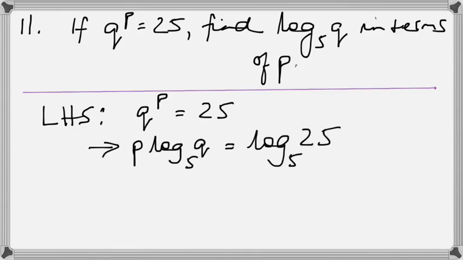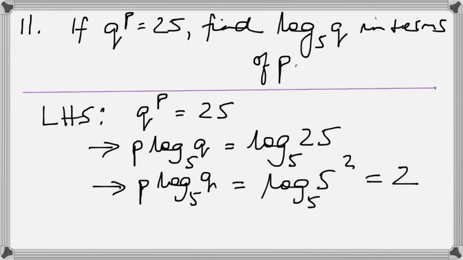Very interesting. So therefore we're saying that p log q to the base 5 equals log of 25 to the base 5. Now, this is looking good because you're looking at the right-hand side and saying to yourself, that equals 5 squared to a base 5, and that's going to be 2. Gee, now that's helpful. So now what are we trying to get here again?